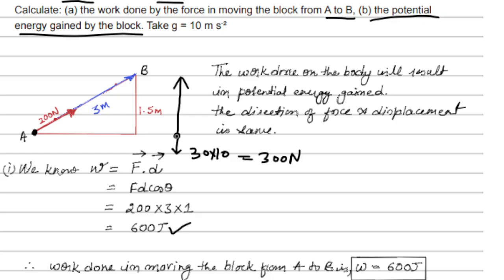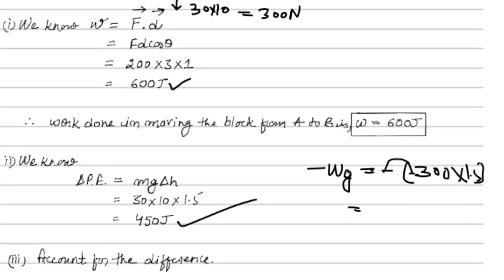We have to take into consideration the vertical displacement, which is 1.5. Let me calculate the work done by gravity, because they are opposite they have a negative sign. So 300 into 1.5, with a negative sign. This negative sign will cancel, and we'll get the answer as 450 joules.